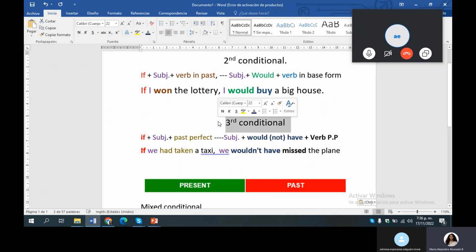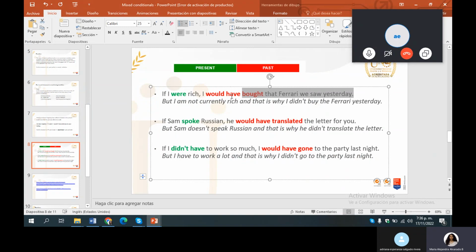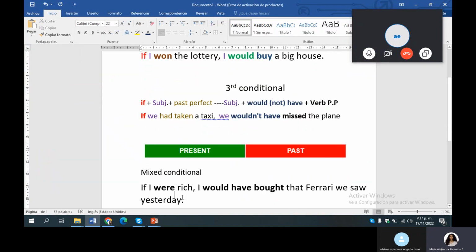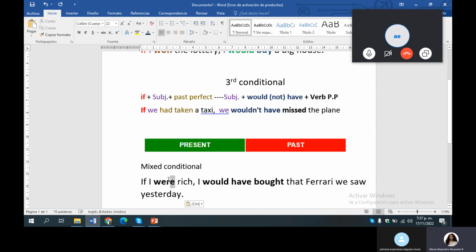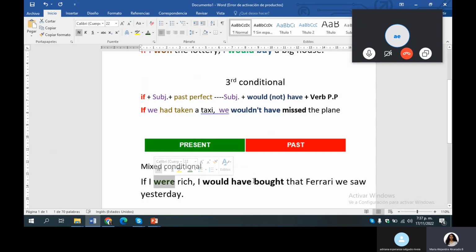That's why the name of this is mixed conditional, because we combine those two conditions. So let's put the example that we have here. This green. And this is red.